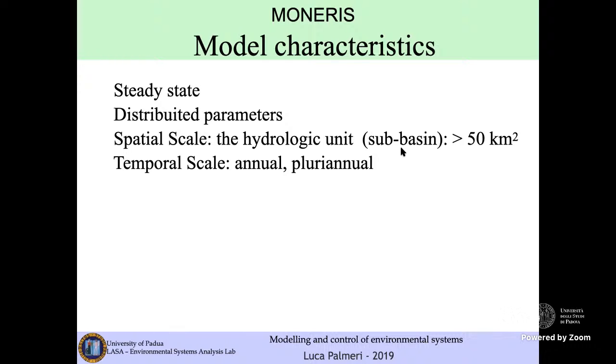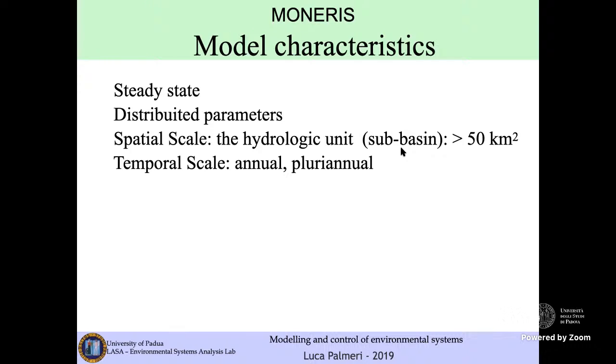The spatial scale is that of a hydrologic unit, what in this context may be called sub-basins. And in terms of area, we talk about dimensions larger than 15 square kilometers. So you understand that this model has quite a rough, or if you want, low spatial scale.